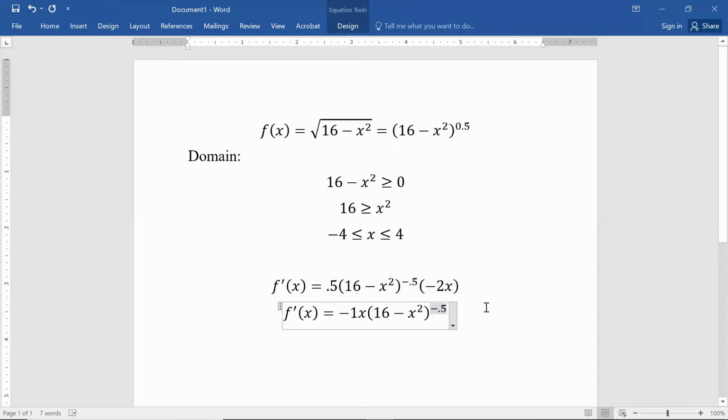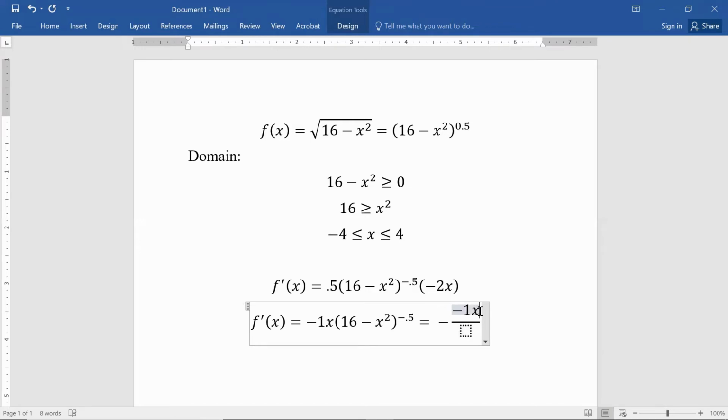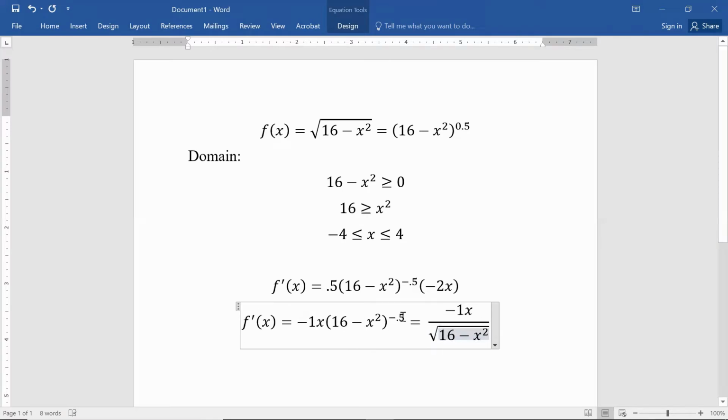This can also be viewed as -1x divided by square root of 16 minus x squared. -0.5 exponent means change it to the denominator, make it a positive 0.5. 0.5 exponent is square root.